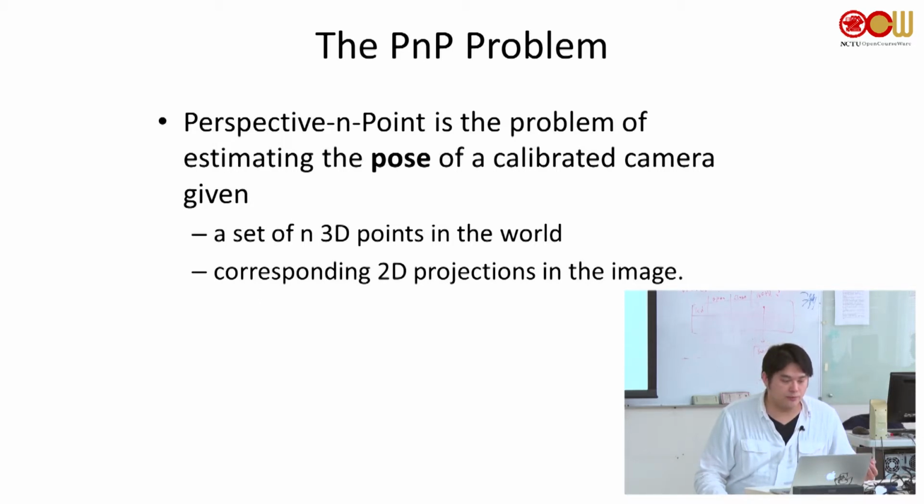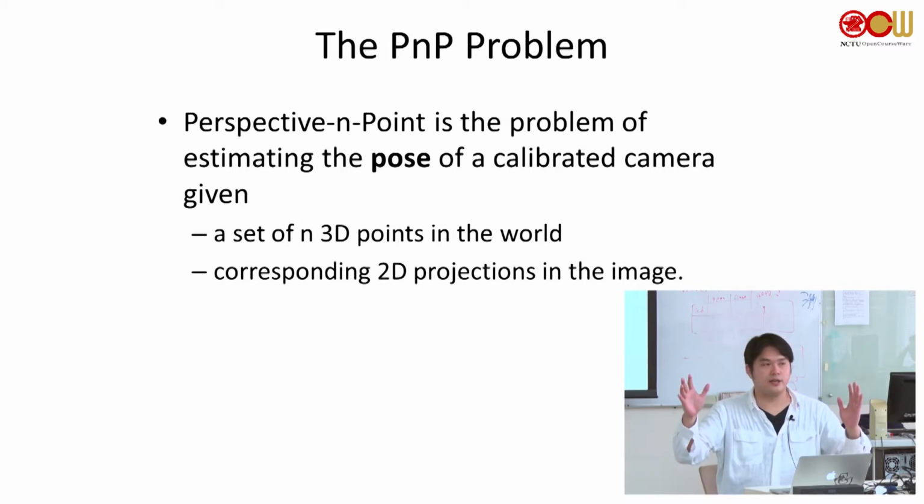This is the Perspective-n-Point problem. It estimates the pose of a calibrated camera given a set of 3D points in the world and the corresponding 2D projections.